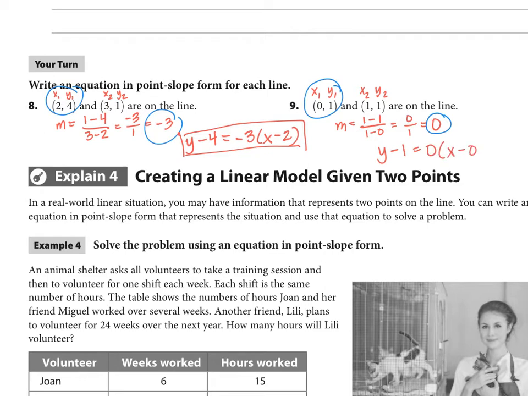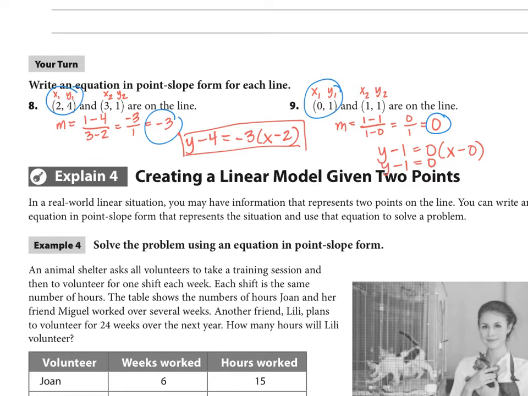(x minus 0). And this 0 on the outside of the parentheses actually gets rid of that whole side. So we're going to end up with, I'm sorry, it would be y minus 1 equals 0. And in that case, if you wanted to add 1 to both sides, you would get y equals 1.